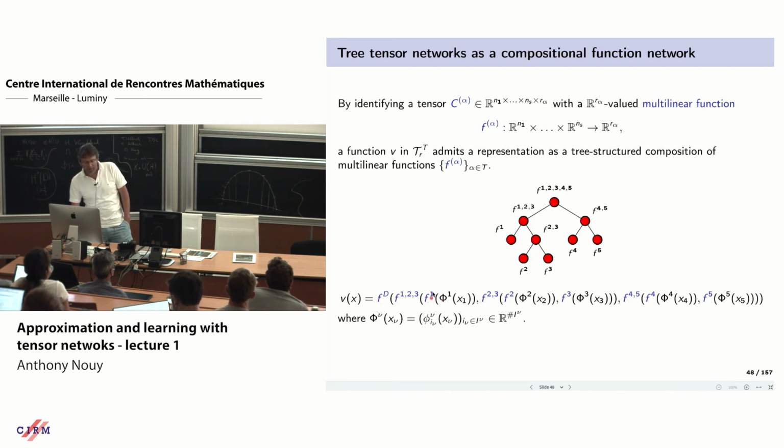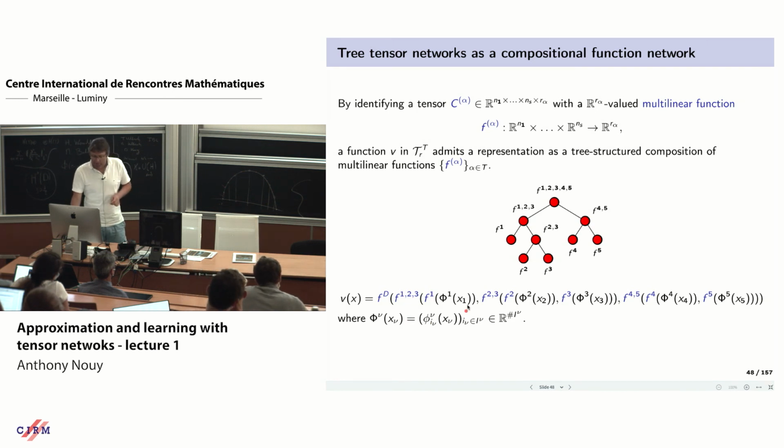The map F1 takes this vector as an entry and gives you a vector of size R1. The same for F2, same for F3, gives you here a vector of size R2, vector of size R3. And here you will have the core tensor 2, 3 that takes these two vectors and gives you as an output a vector of size R2,3. And so on until the final multilinear map, which is here, which gives you a simple scalar as an output. And it's linear in each of the entries.